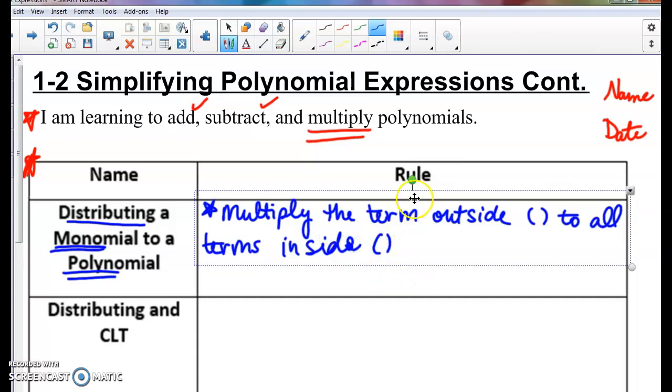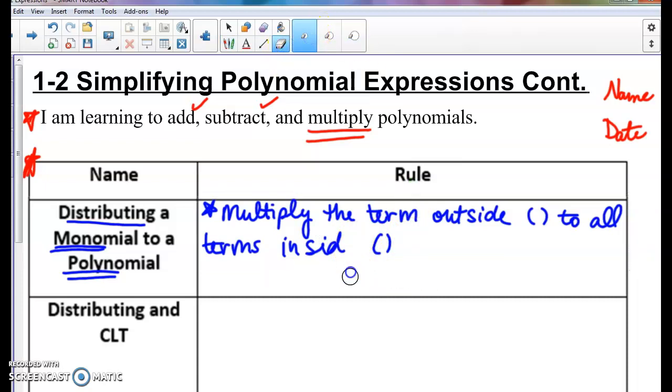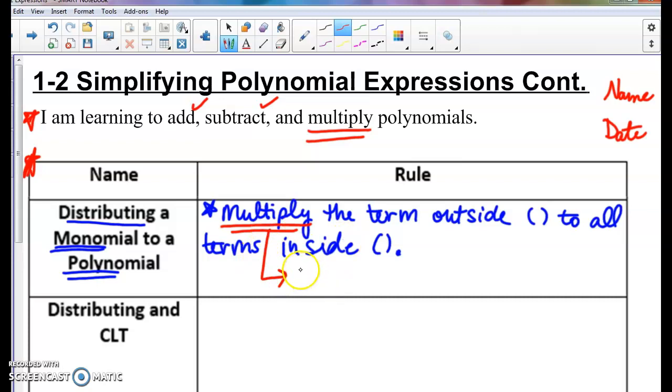Hopefully your inside E looks a little bit better than mine. Let's try to fix that real quick. So inside parentheses. Now, because we're multiplying, there's a few rules we have to remember about multiplying terms. When we multiply terms, we have to multiply coefficients, and we talked about that word last time.